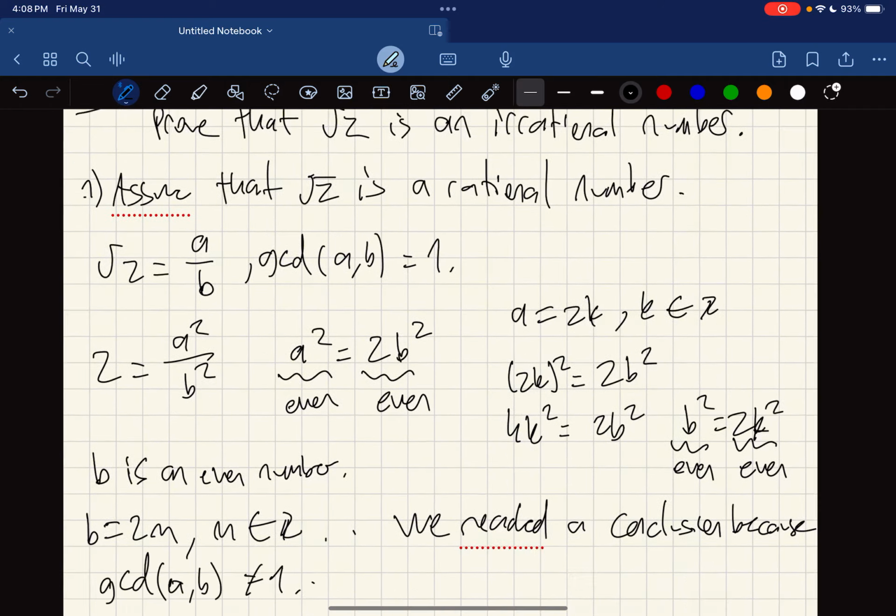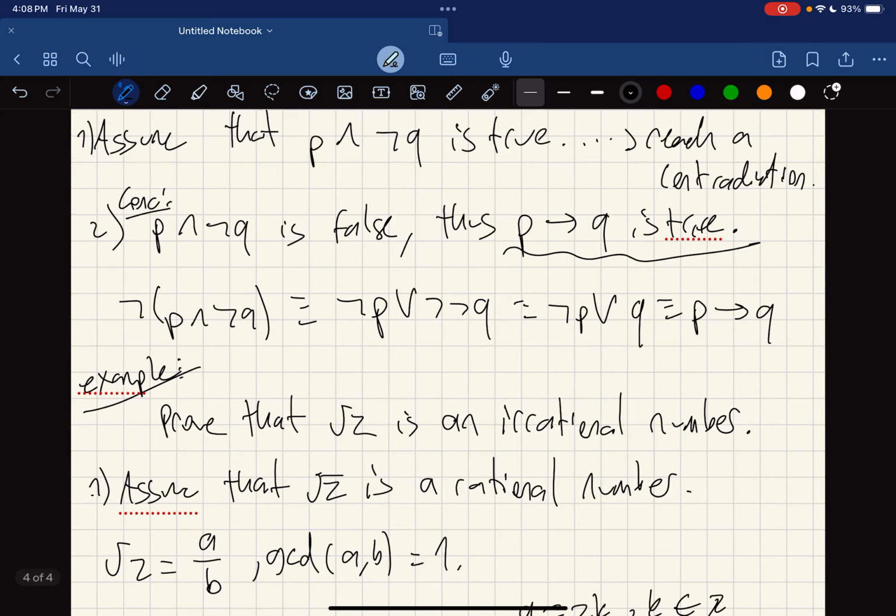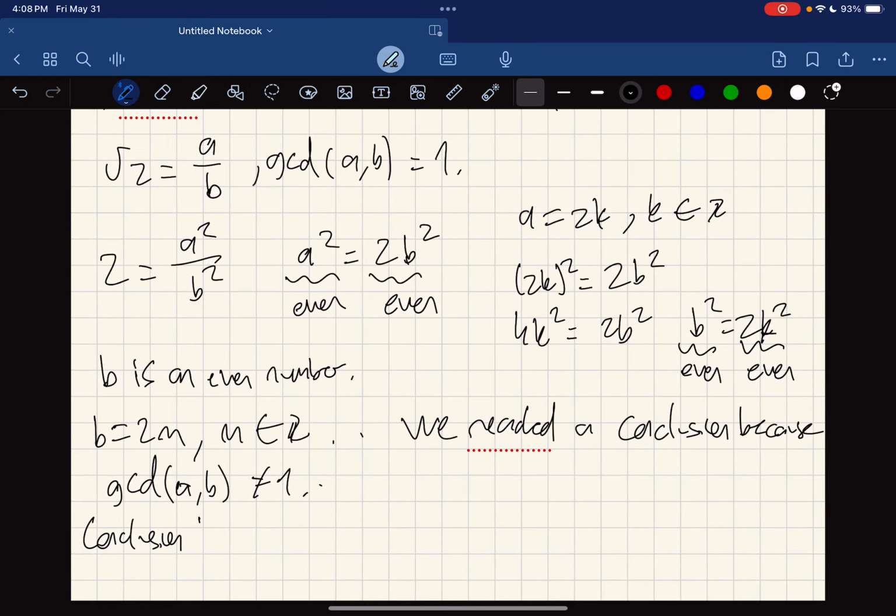So, in our conclusion, as you can see here, since we assumed P and not Q and P and not Q is false, we can say that P implies Q is true.